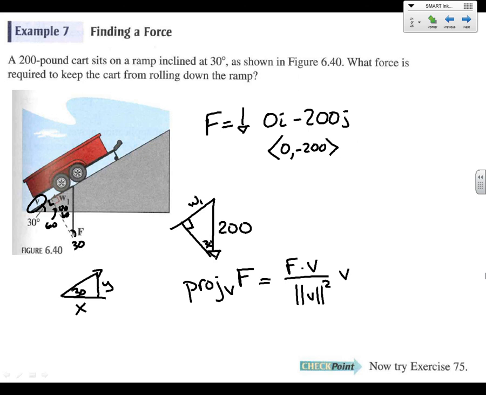Do we have that? Yes. All right. So we've got the sine of 30 for the j, and we've got the cosine of 30 for the i. All right, putting them together here.